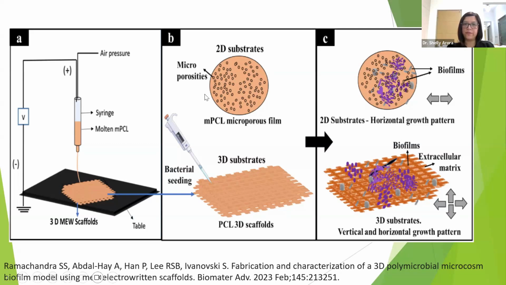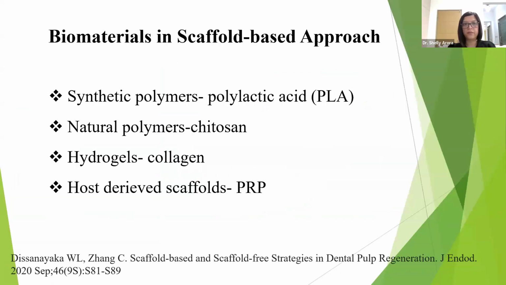This is a 2D substrate, and this is the 3D substrate they have used. In the 2D substrate, as you can see in the picture, the bacteria are growing in one horizontal pattern, but in 3D, they're growing both horizontally and vertically. I'm not showing cells here, but of course other studies might be there. I found this illustration best, so I thought of sharing it with you guys.